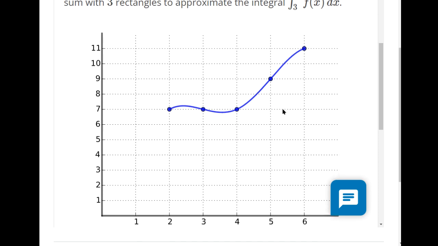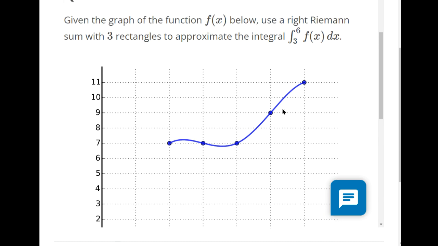3 rectangles to approximate this. Okay, well, 6 minus 3 is 3, and 3 over 3 is 1, so my delta x is 1.